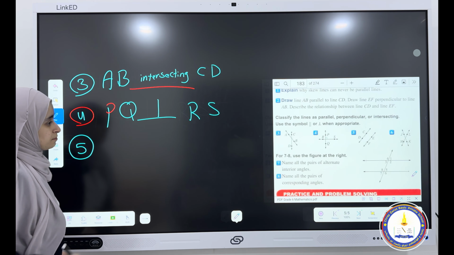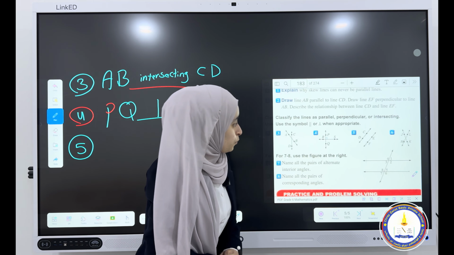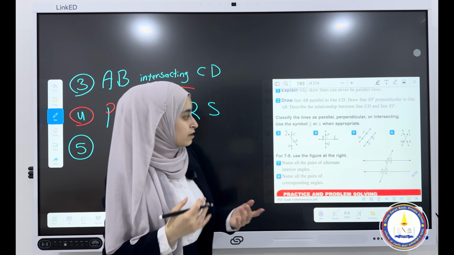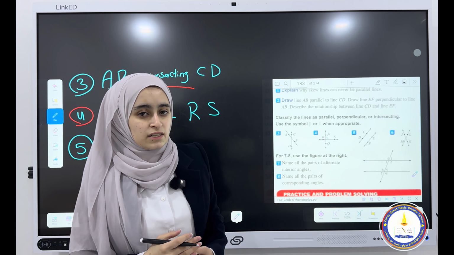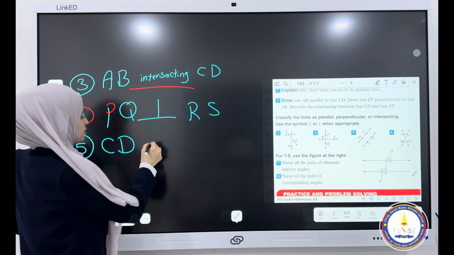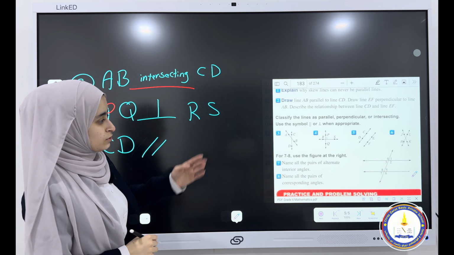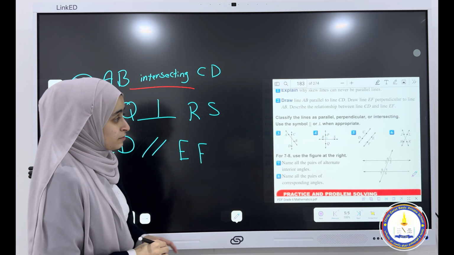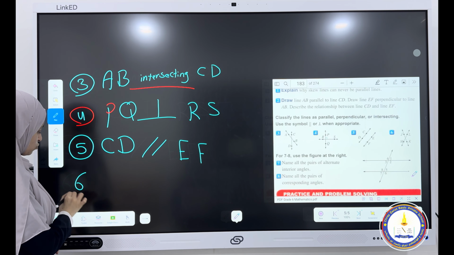Question 5. We have C, D, and E, F. Do we have a meeting point, an intersecting point? No. So it means CD is parallel to EF. And then question 6, which is the last one.